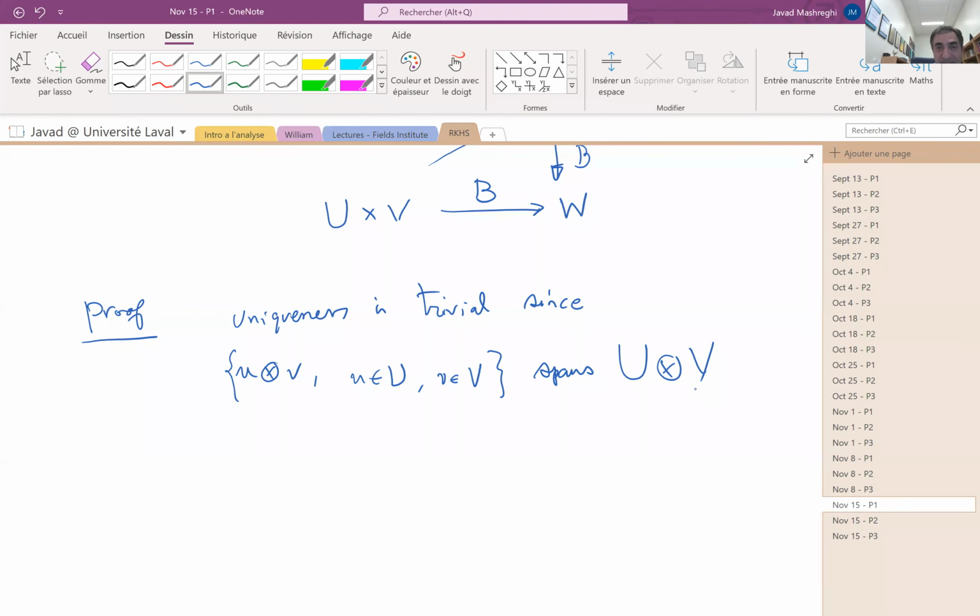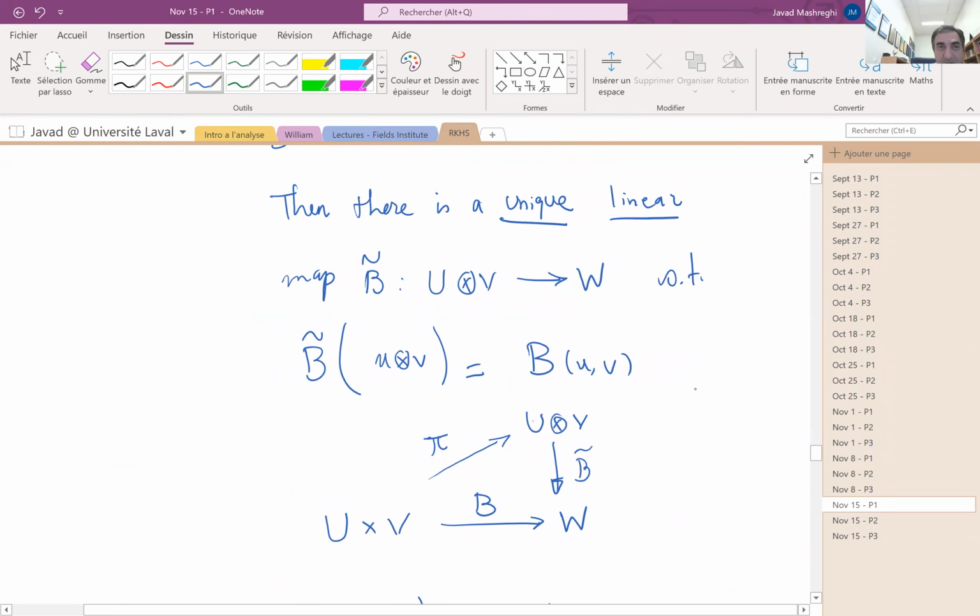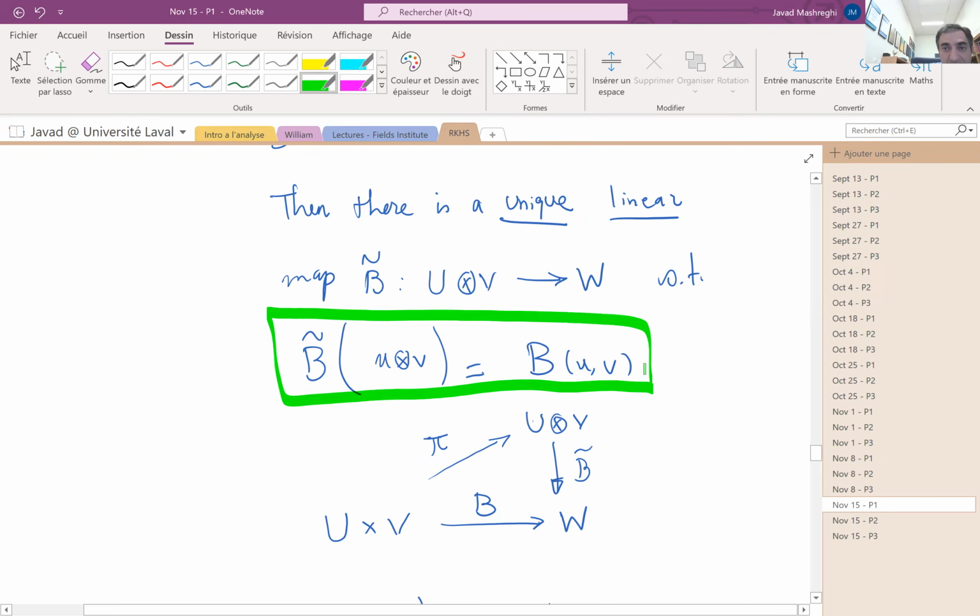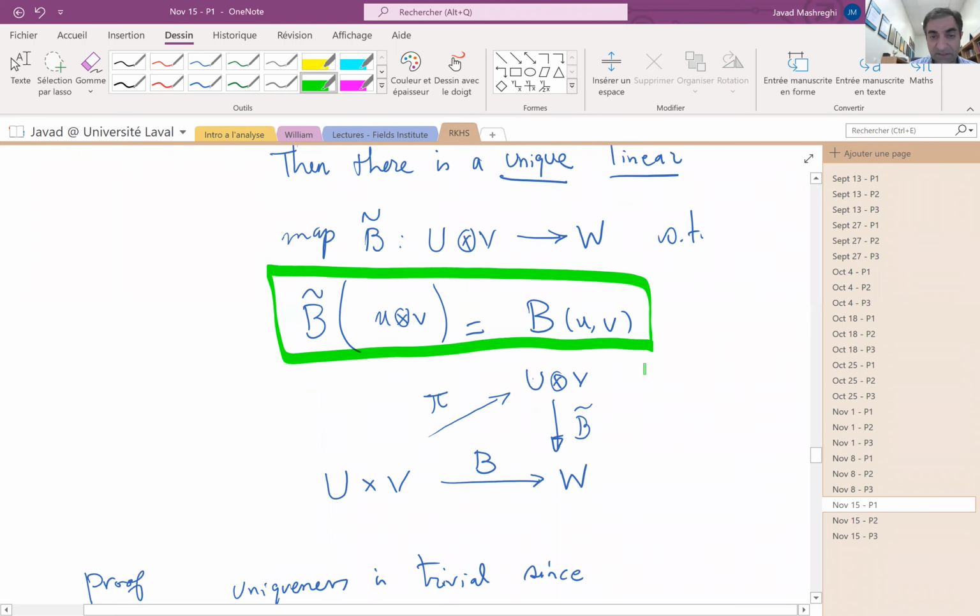The problem is that you cannot start from this and say, okay, here is my definition. I define B tilde acting on U tensor V to be the value of B at the point UV. We cannot do that because we do not know if it's well defined or not. As I said, each X can have many, many combinations.